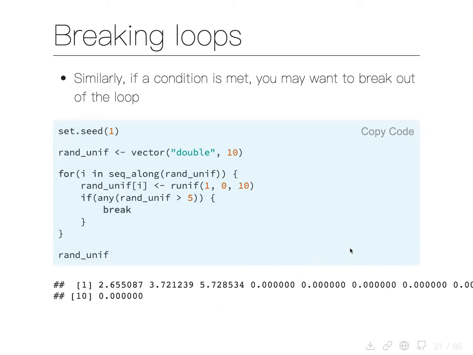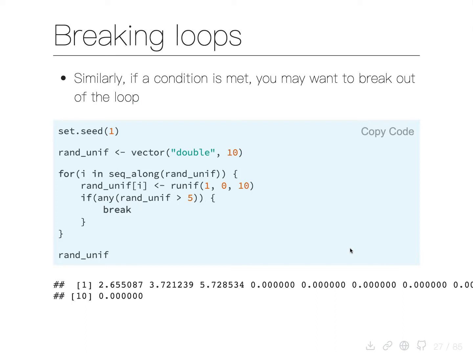You can also break loops. This is not usually as important for for loops as it is for other types of loops. We will not really talk about many other types of loops in this class, but there are loops like while loops, for example, that are often used for optimization, right? So you're saying like, while some value is greater than some threshold, keep iterating. And it's just going to keep iterating until that condition is met.